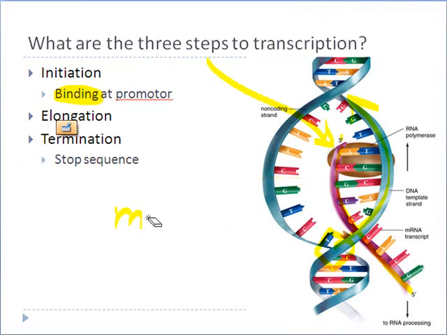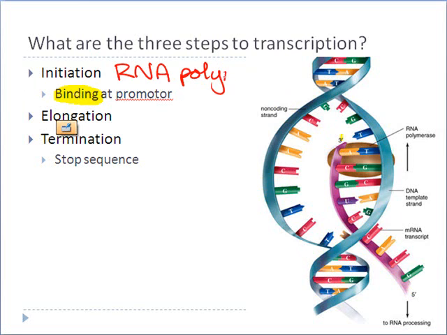That's okay. So we said that during initiation, there's a specific region of DNA that the RNA polymerase binds to. Now one thing to notice, and this is a critical point, you remember that DNA is double-stranded.